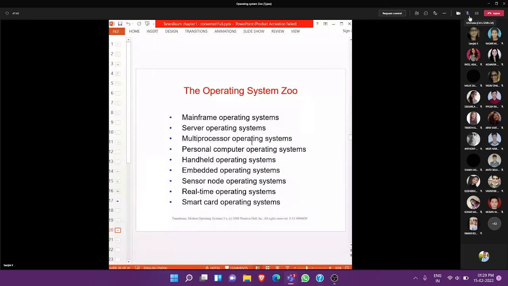I will repeat all the points of handheld computers because one of you asked. Initially, the handheld computer operating system was used in a PDA, Personal Digital Assistant system.